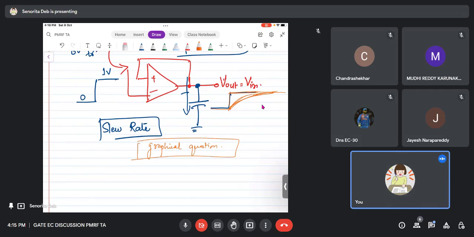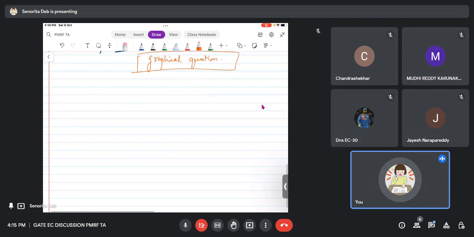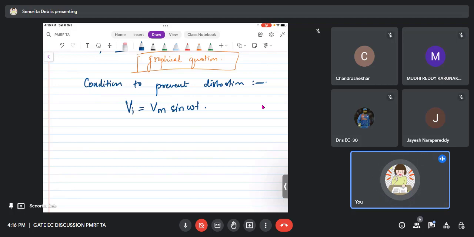Now, the condition to prevent distortion because of slew rate. When we do this derivation, we take a sine wave. Input I am taking as Vm sine omega t, where Vm is the amplitude.